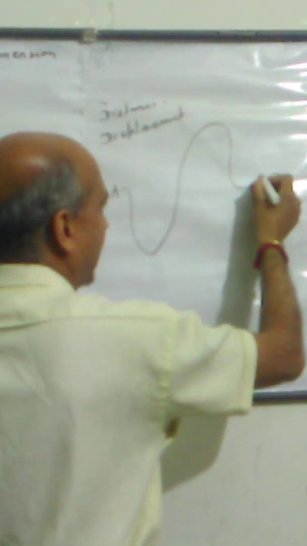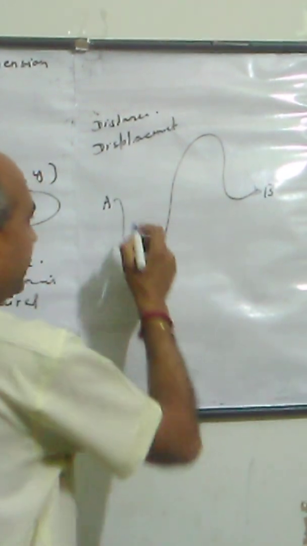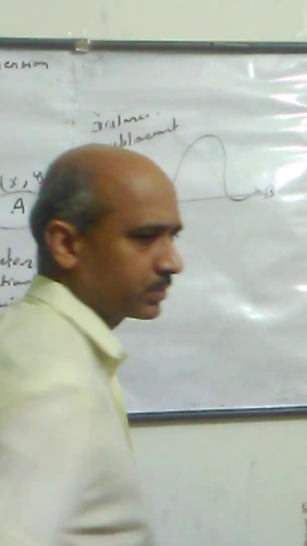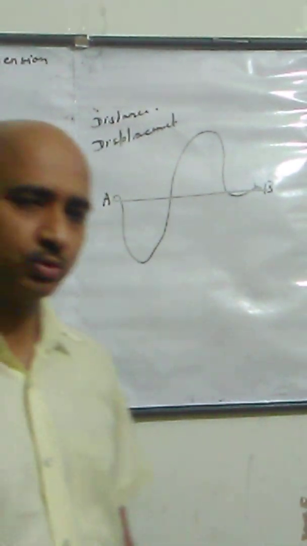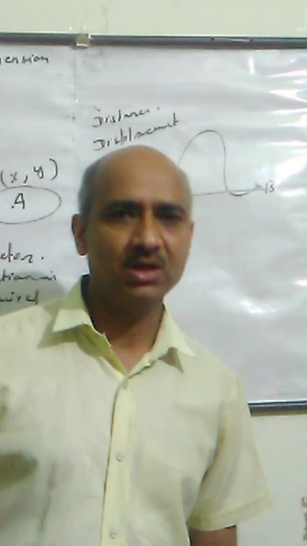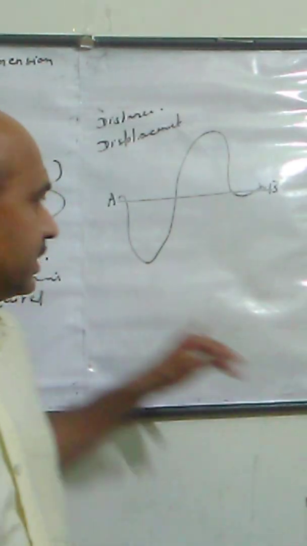Suppose you can reach B like this, and we can also reach B straight away. Straight away means by air. Suppose you want to go from Dehradun to Mussoorie, so you have 2 ways of going there. One is on the road, that means by following the path.